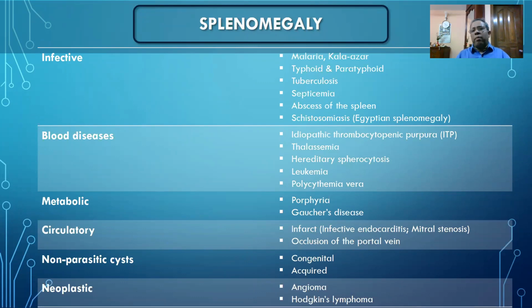Whenever the platelet count decreases, there is more work for the spleen. For that reason, there is an increase in splenic size.